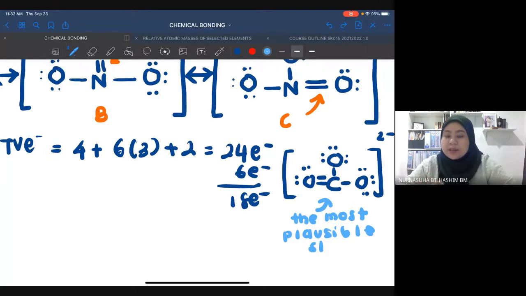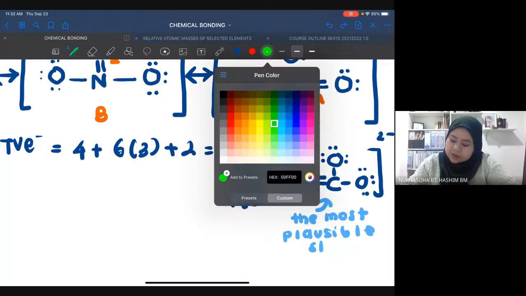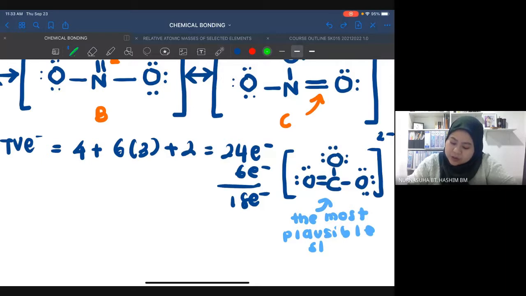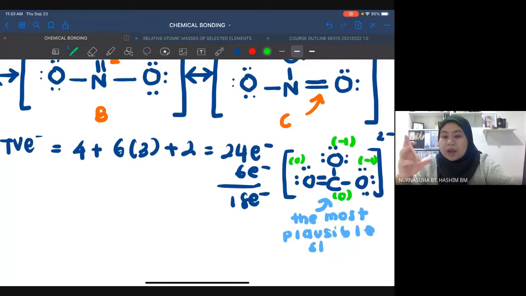Maksudnya structure yang paling stable. Okay, bila dah dapat structure yang paling stable, okay, nak double check, kira dia punya formal charge. So this one you should get 0, -1, -1, 0. So consistent lah sebab compound awak tu bercharge -2. So total formal charge also -2.